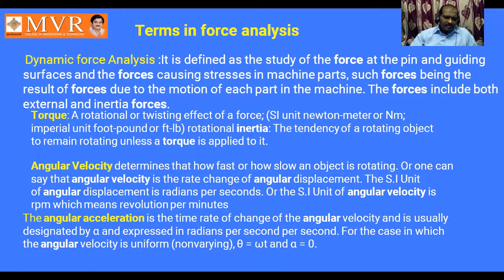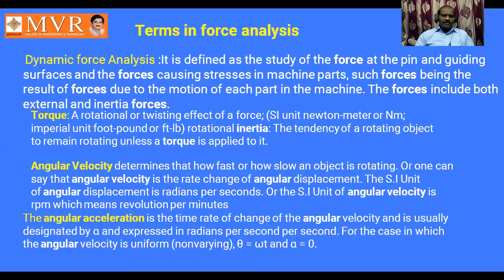Next, angular velocity. This is a known thing only. Still, as a part of the syllabus, I will read it for you. Angular velocity determines how fast or how slow an object is rotating. Or one can say that angular velocity is the rate of change of angular displacement.